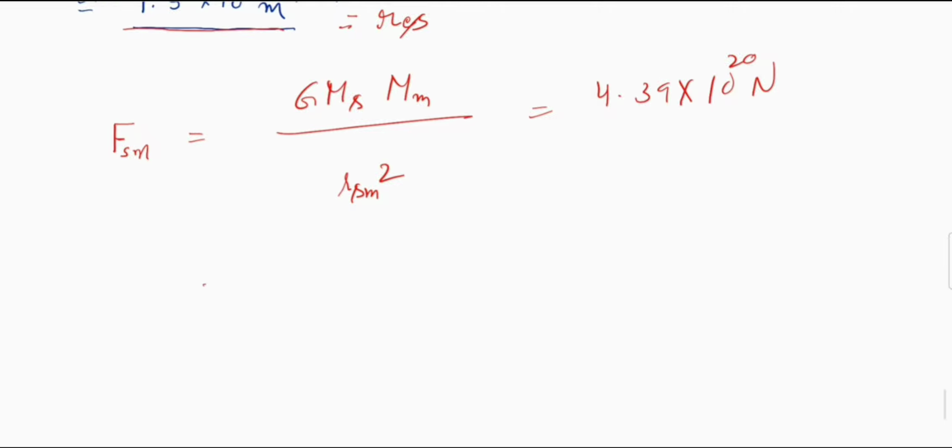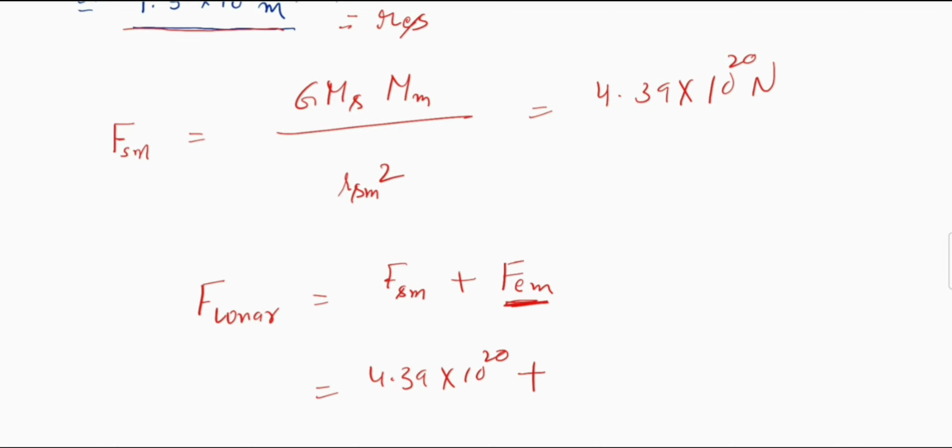So here the net force on the moon during the lunar eclipse will be equal to FSM plus FEM. So this is equal to 4.39 into 10 raised to power 20 plus the force exerted on the moon due to earth, which is equal to 2.05 into 10 raised to power 20 Newton, which we have taken from equation number 1.